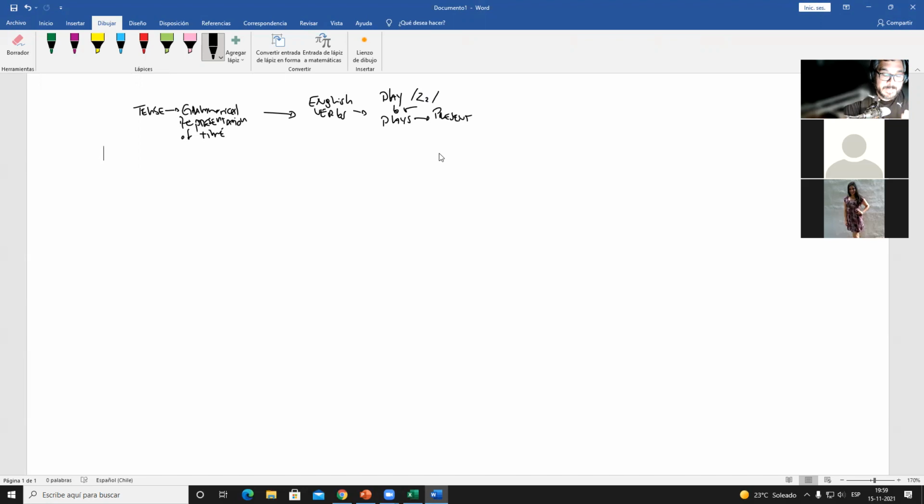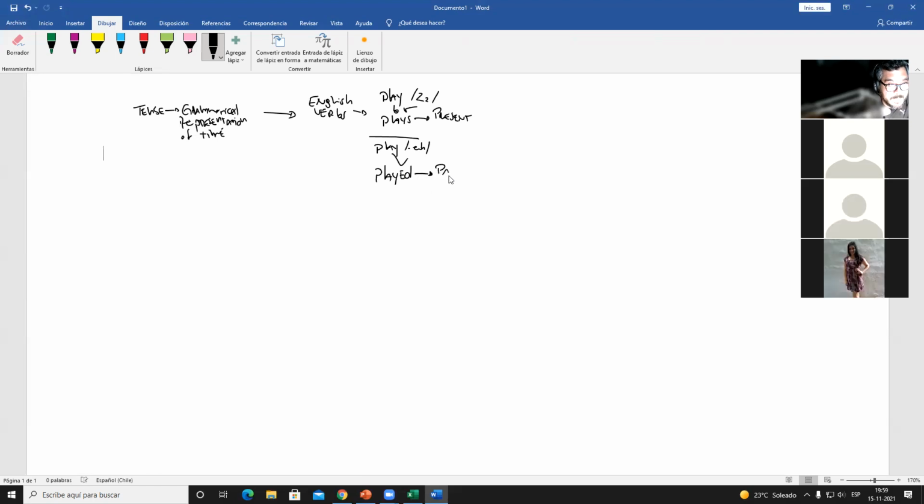Following the same idea, I can also state that the form play can be inflected by the bound morpheme ed1, therefore creating the form played, right? Which is used to represent the idea of past, right?